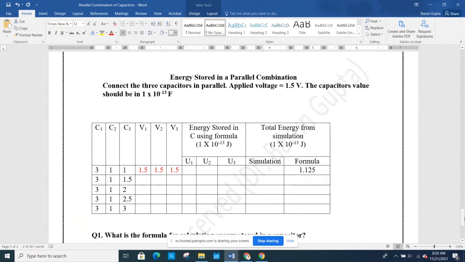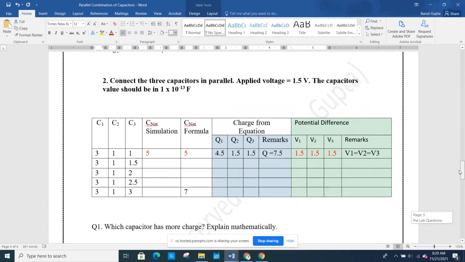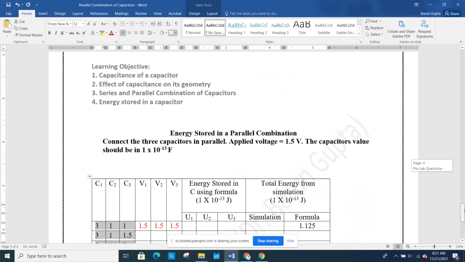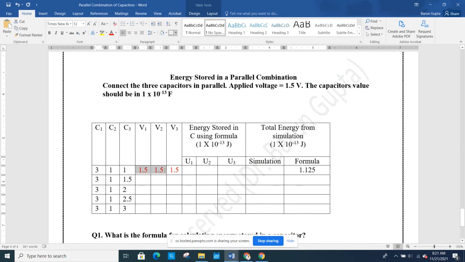Now, the last thing we'll do is energy storage. The tables are exactly the same here, and from this table we already have calculated V1, V2 and V3. So now we'll use the formula to calculate the energy stored in the capacitors. U1 means the energy stored in capacitor 1, U2 is the energy stored in capacitor 2, and U3 is the energy stored in capacitor 3.